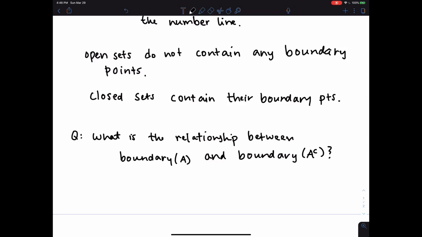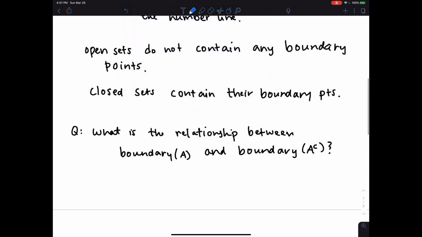Well, we just got done saying that the boundary of A is where you transition from A to A complement and vice versa. So if I wanted to extend that definition to talk about the boundary of A complement, since the complement of A complement is just A, we are really saying the same thing. The boundary of A complement is just where you transition from A complement to A and vice versa. So turns out they're the same.